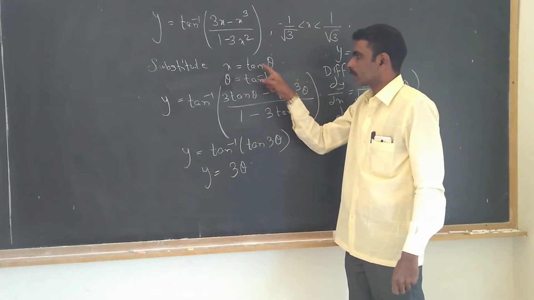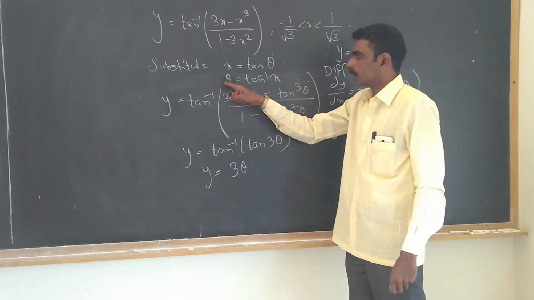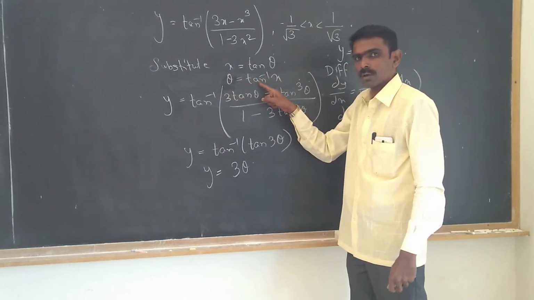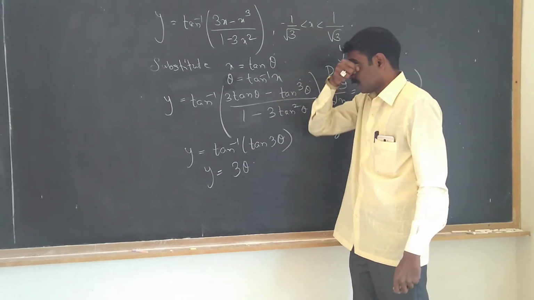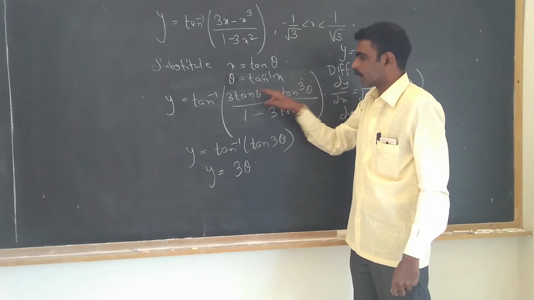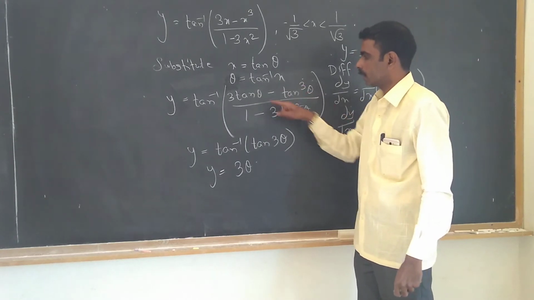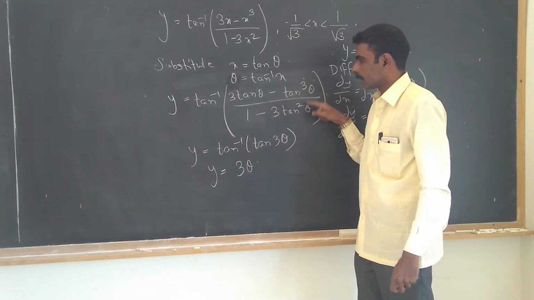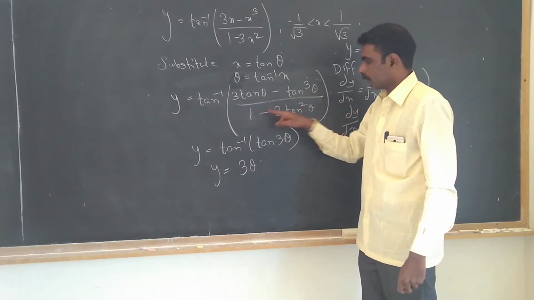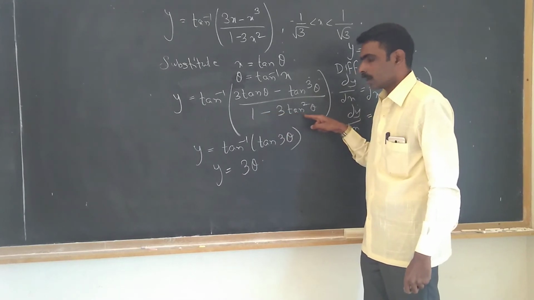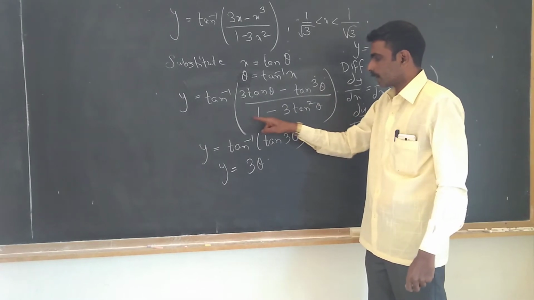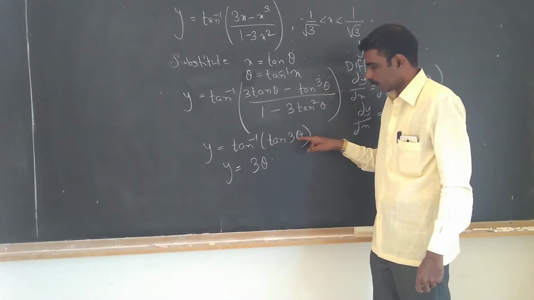Here we have substituted x equals tan theta. So once we substitute x equals tan theta, theta in terms of the inverse function can be written as theta equals tan inverse of x. Wherever x is there I will be substituting tan theta. So it is 3 tan theta minus tan cube theta divided by 1 minus 3 tan square theta, which is tan of 3 theta.